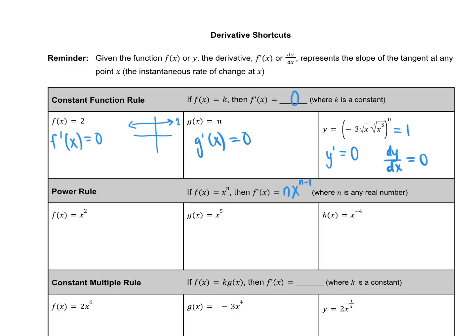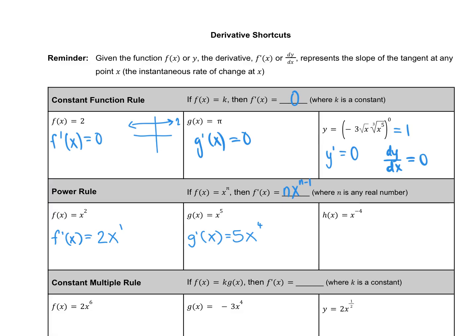So if I have f of x equal to x squared, f prime of x is going to be: bring the 2 down, and 2 minus 1 is 1. Now I would just write it as 2x, but just to show that I subtracted 1, there it is. If I have x to the 5, the derivative is: bring the 5 down, and now it's x to the 4 because I subtracted 1.